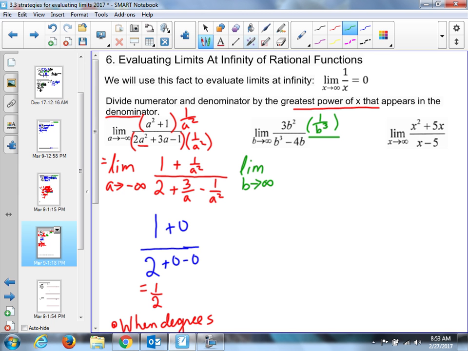It'll help me see something. When I do that, I get on the top 3 over b squared. On the bottom, I get 1 minus 4b over b cubed, so 4 over b squared.